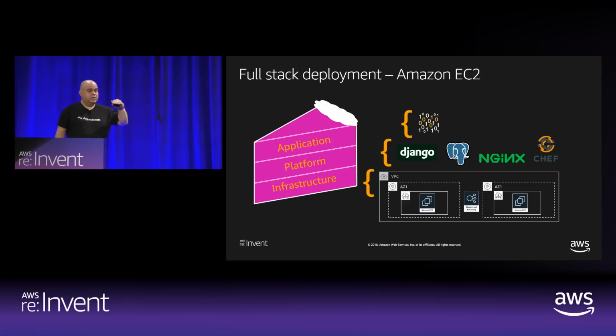On top of that, you install your app servers. In this case, it will be like a Django CMS. You install and set up your database and configure your database, MySQL, Postgres, others. Nginx as your web server. And then Chef also to do configuration management and other activities. And then on top of that, your code and the necessary assets that your code requires.